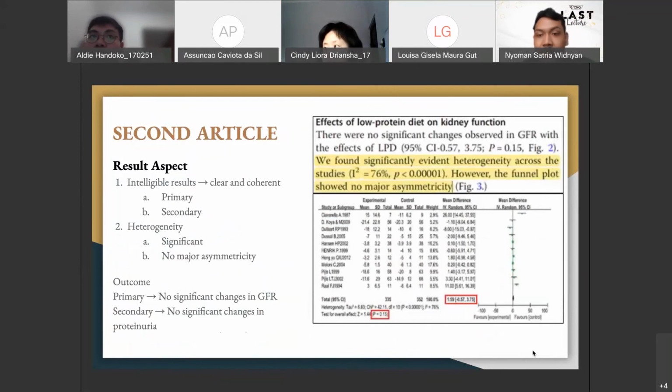Here we see the first outcome of the second article, where we found significantly evident heterogeneity across the studies, but the funnel plot showed no asymmetry. Based on the systematic review, the expected outcome from the low protein diet was changes in kidney function and proteinuria. The first outcome didn't show a significant result evaluated from the GFR value. Next.